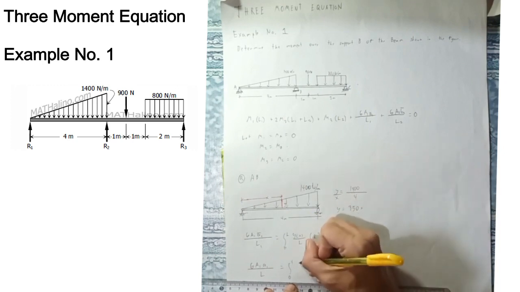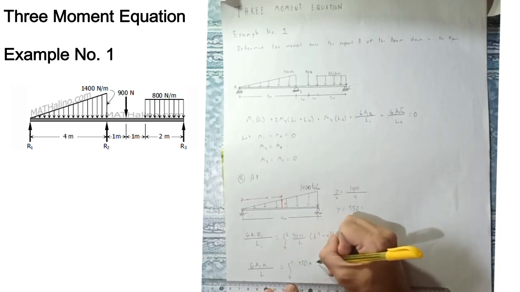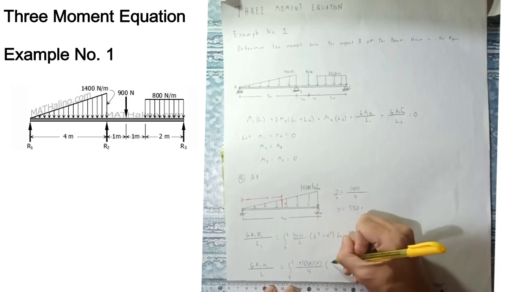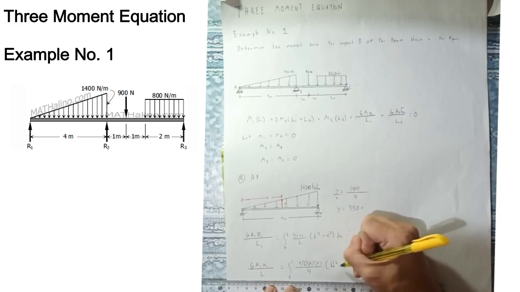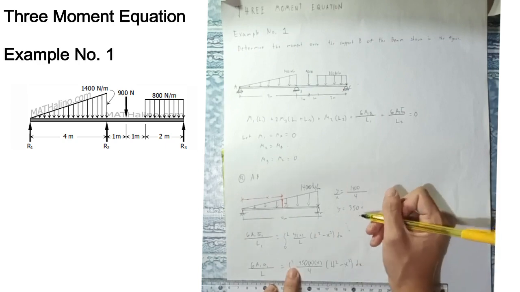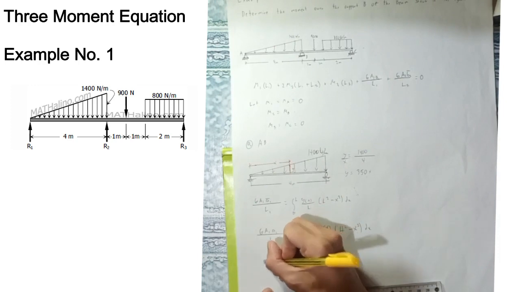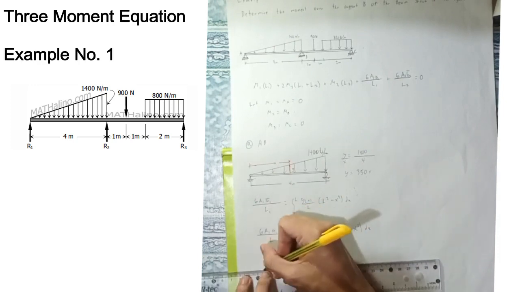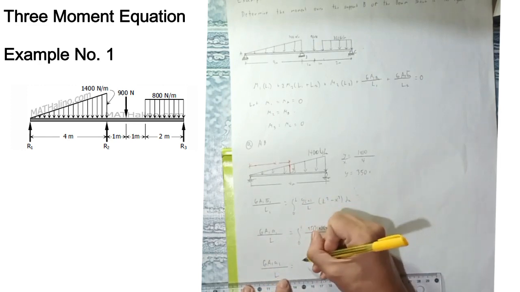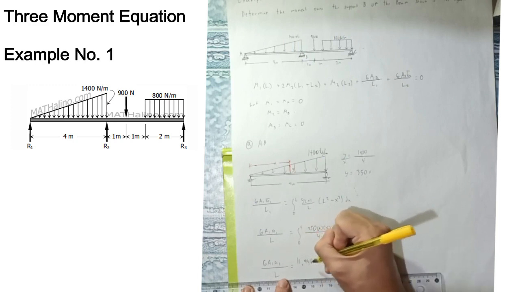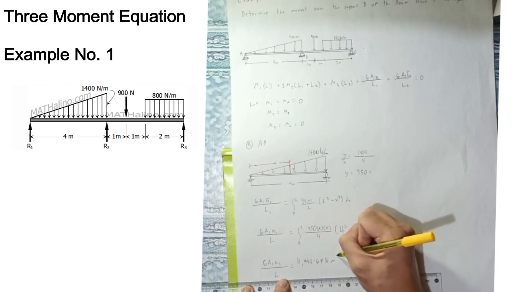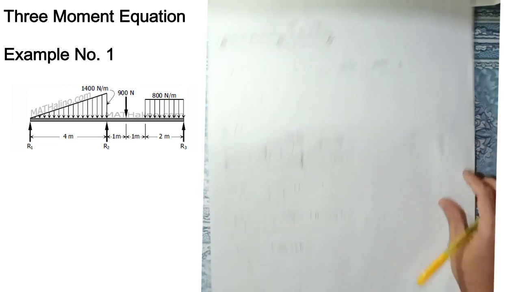So y is 350x times x over L, which is 4 meters, times 4 squared minus x squared dx. Then we calculate. The answer is 11,946.67 Newton meter squared.